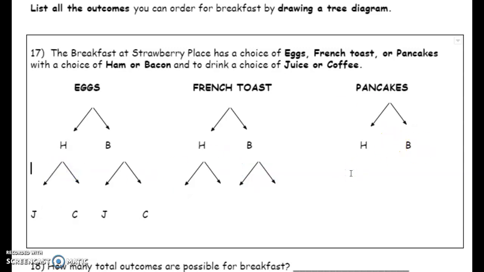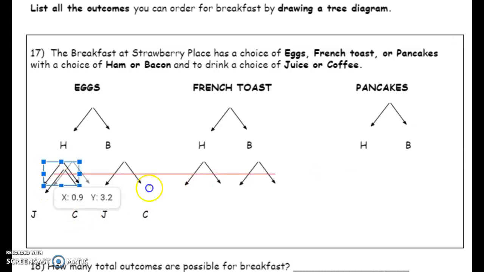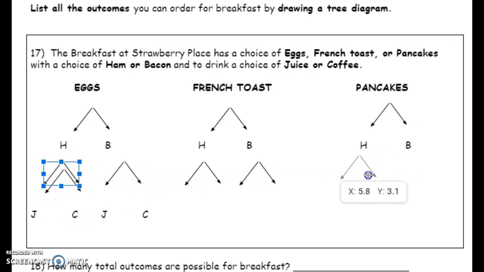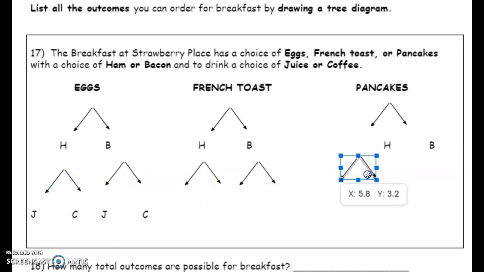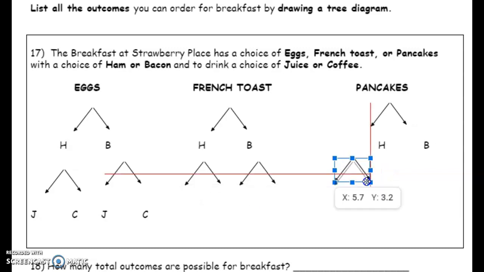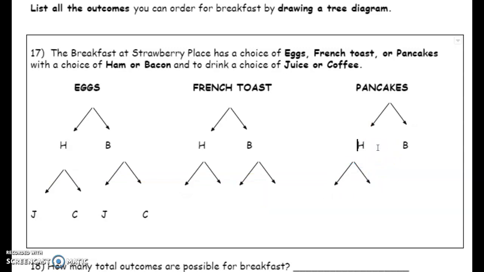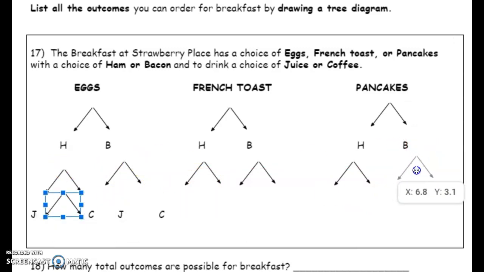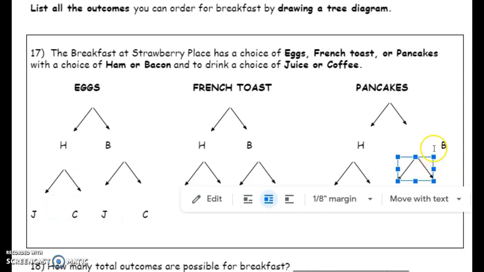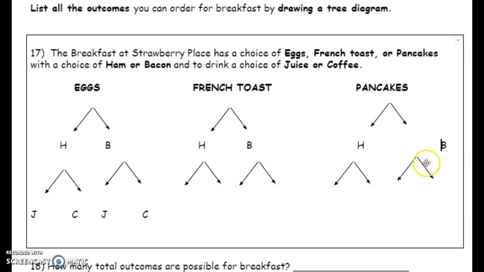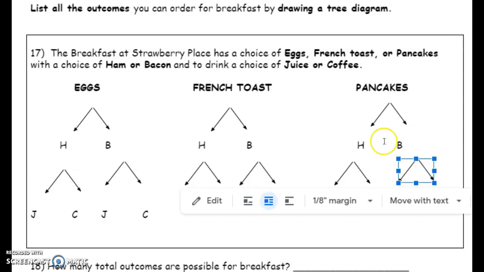There is also for my pancakes, ham and bacon, and then I would need to choose my drink. Maybe a little further down. There we go. Last one. There we go.